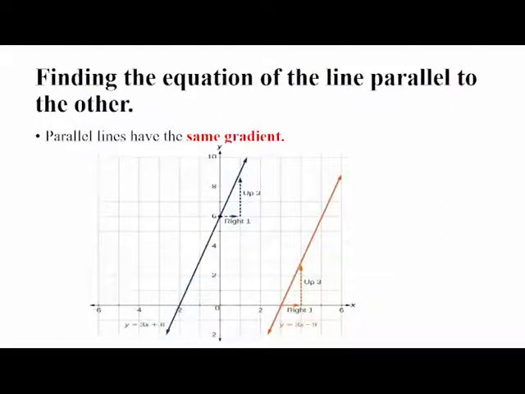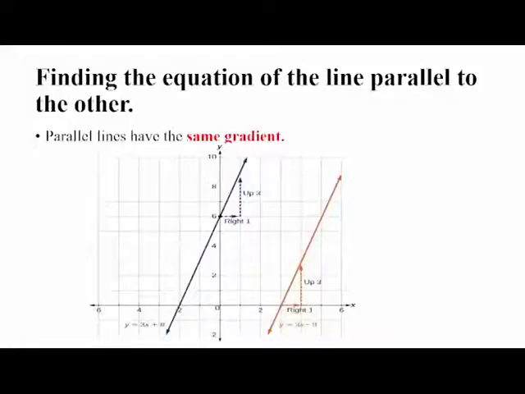If you extend it down there, remember it's infinite, it will continue. If you extend it, you see the y-intercept. According to this, the y-intercept is negative 9. So you can see the gradient is the same because they are parallel.